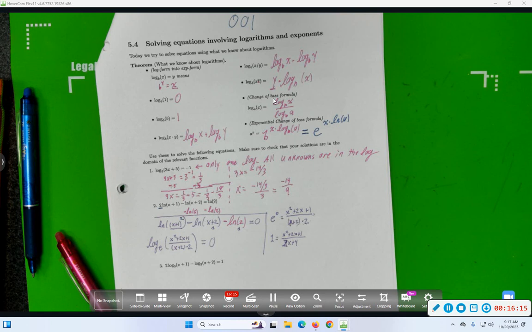In fact, at this stage, does it look like an equation that you just know how to solve? What's the general outline of how you would attack the rest of this question?